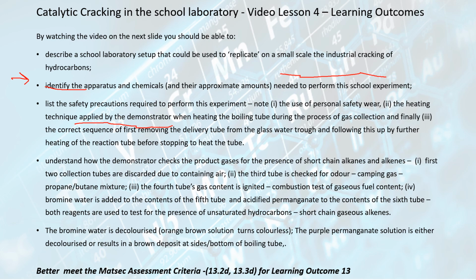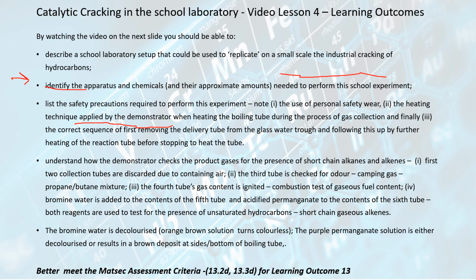So the third test tube was checked for odor. The fourth test tube is ignited. So if the gas content catches fire, that's further proof that you have cracked the paraffin oil. The paraffin oil, I remind you, is a long chain hydrocarbon. That's why it is an oil.